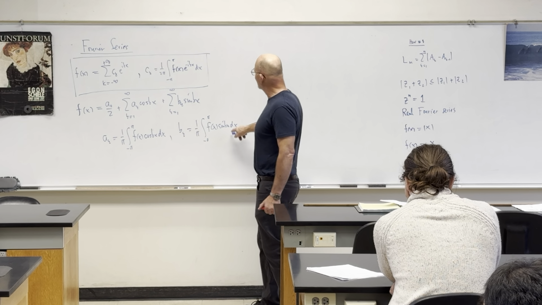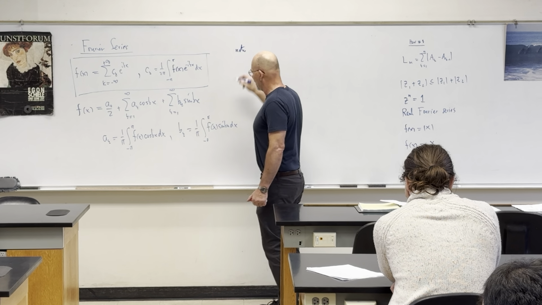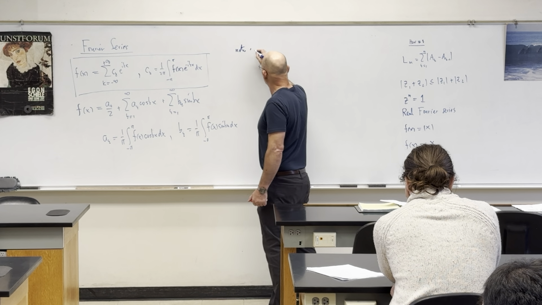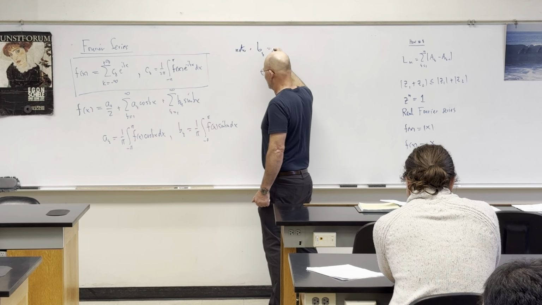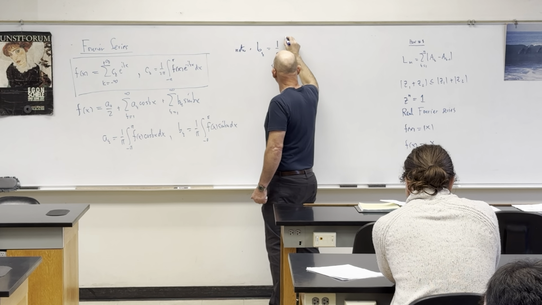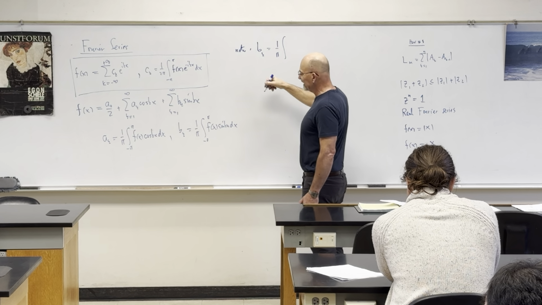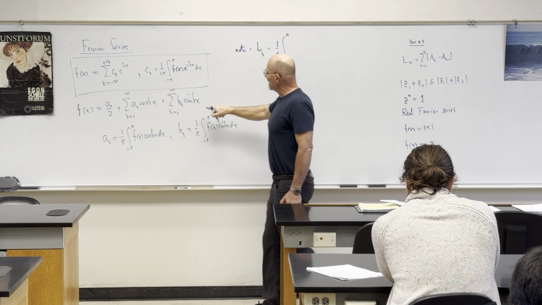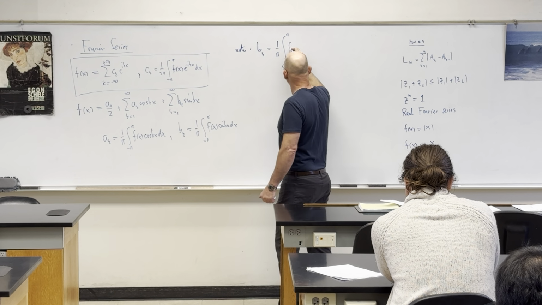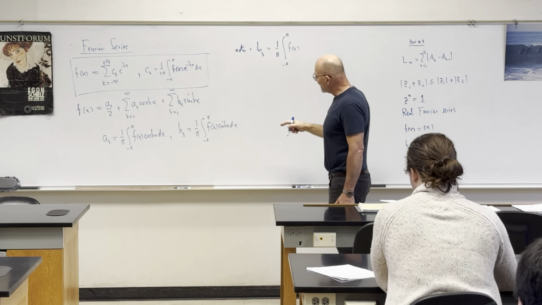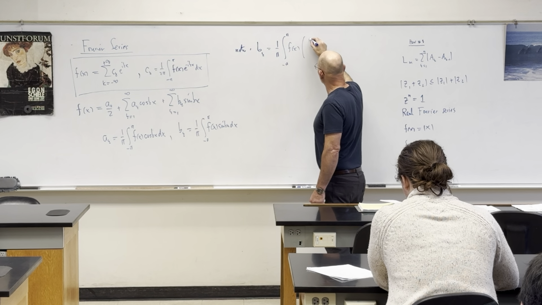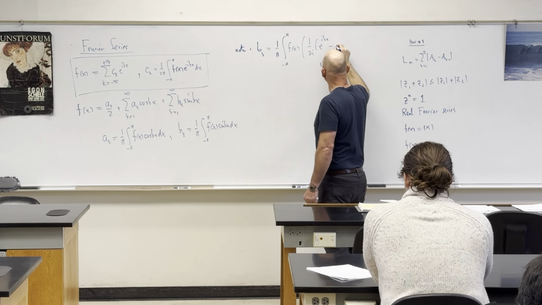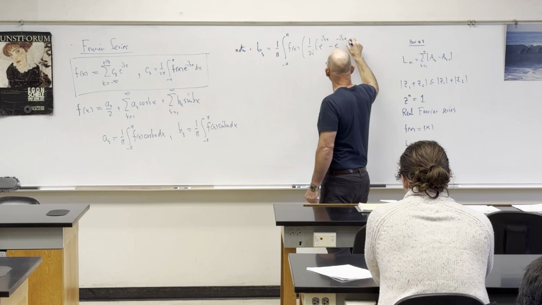And the way I had done this, I can do it for the b sub k. Maybe I did the a sub k last time. I'm just going to make contact with the c's. So I've got the integral from minus pi to pi of f of x, but my sine of kx I can write as 1 over 2i times e to the ikx minus e to the minus ikx.